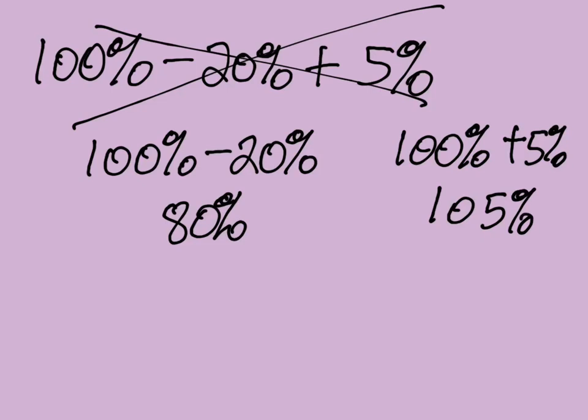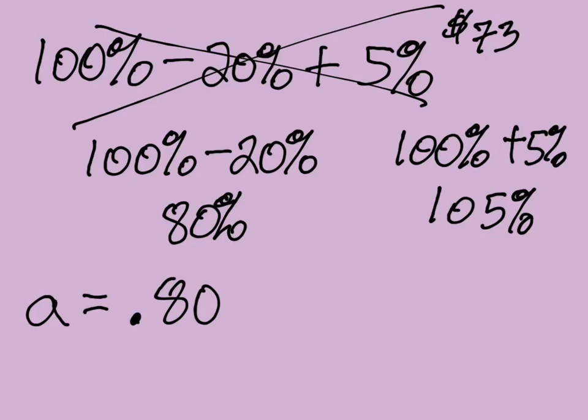So let's say I had an item that was normally, let's say, $73. And I am getting a 20% discount, but I also have to pay 5% tax. So what I can do is I can say A is equal to 0.80, which is my 20% discount, times my tax, 1.05, times the original amount.